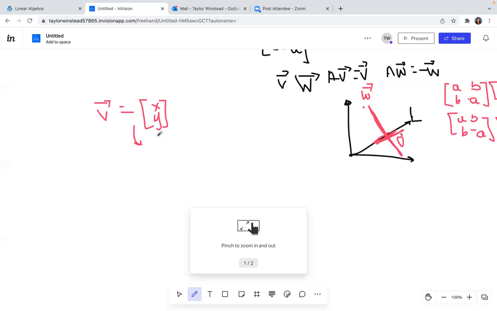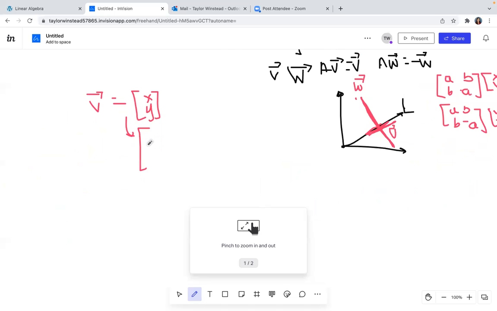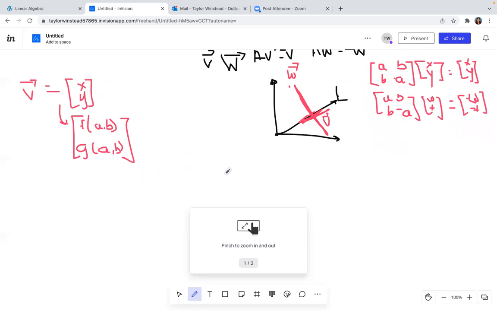And we can transform this a little bit, the way that we write this. But we want to write it in terms of A and B, because that's actually what the problem says. They want us to keep everything in terms of A and B. So what we can say here is that the vector is also equal to f of A, B, and g of A, comma, B. And this A, comma, B is just a stand-in for the matrix, right?